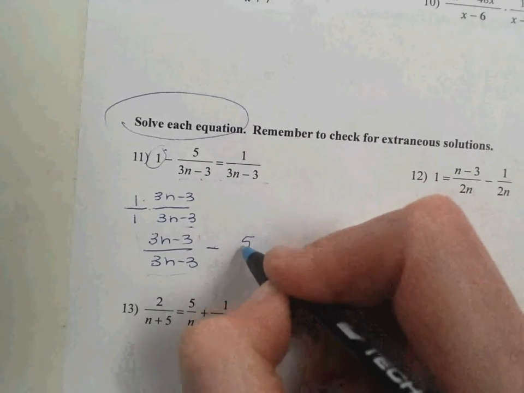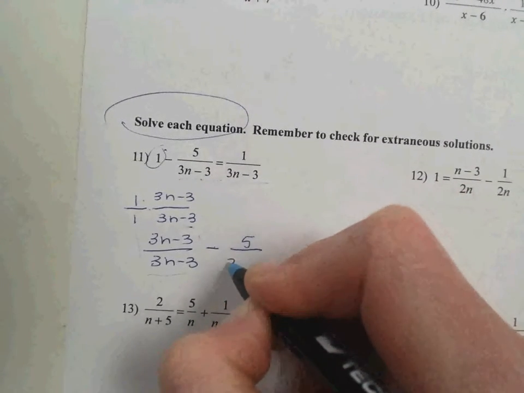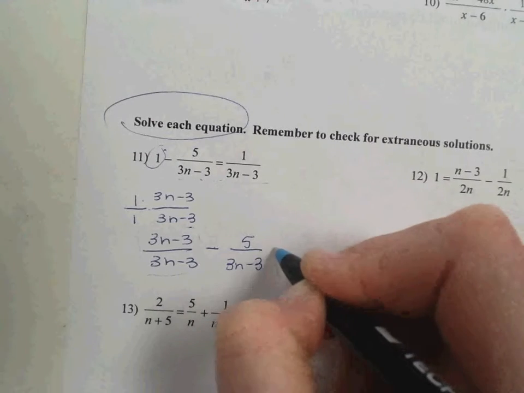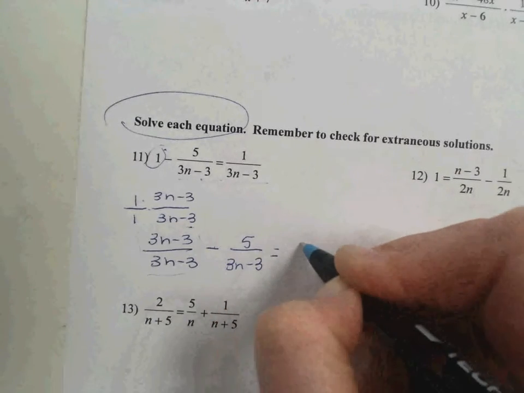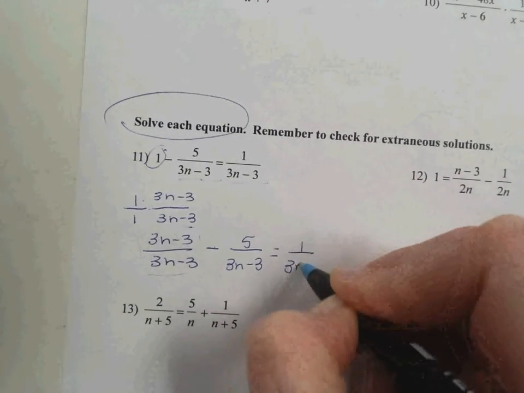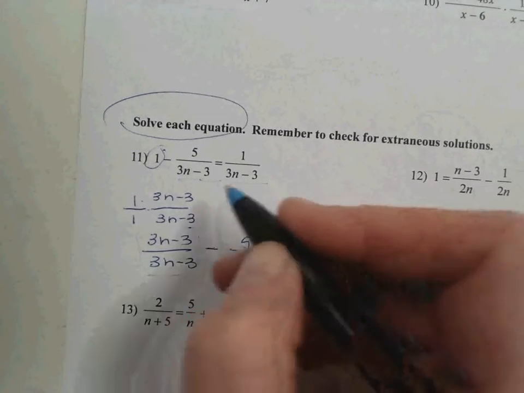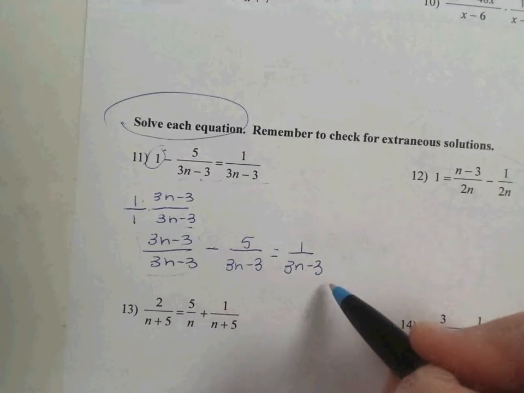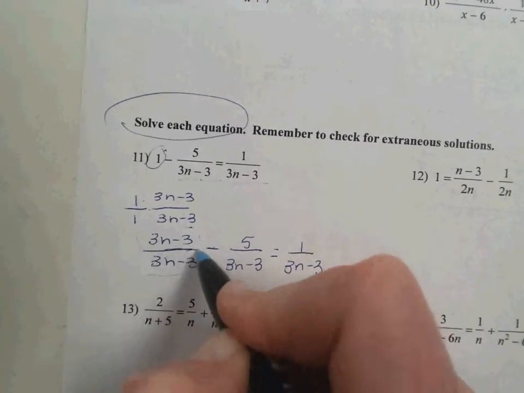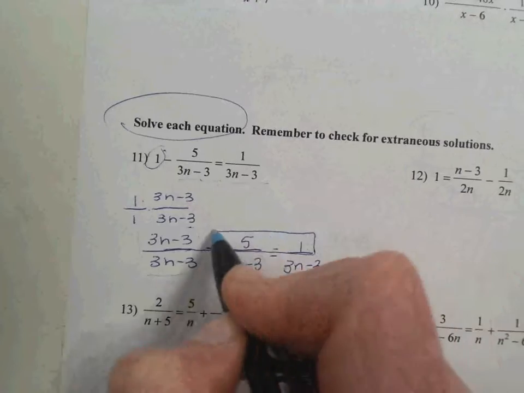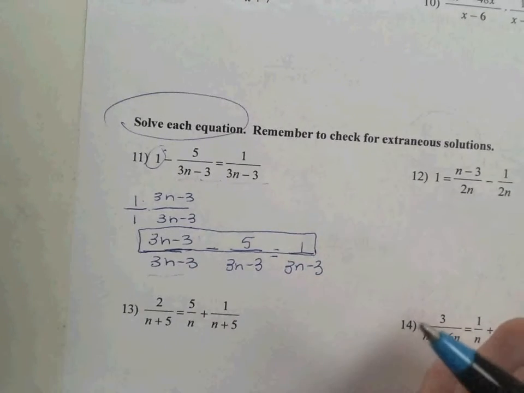And then let's rewrite everything else. 5 over 3n minus 3, and then equals 1 over 3n minus 3. And the nice thing about having a common denominator is that now we can just focus in on the numerators.